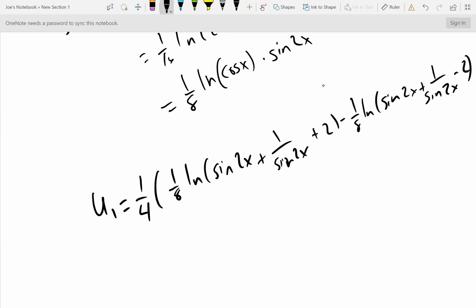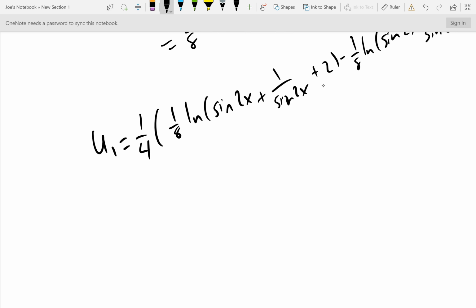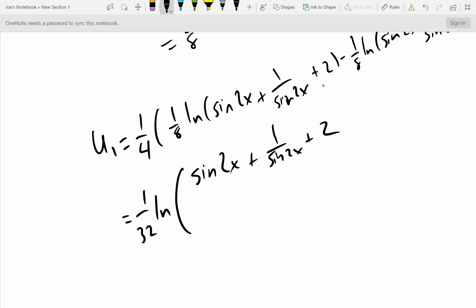But we do have a minus, which tells us that we should divide. So let's go ahead and do that. We'll pull the 1/8 out, make it a 1/32, and we'll have natural log of sine of 2x plus 1 over sine 2x plus 2 over sine of 2x plus 1 over sine of 2x minus 2.